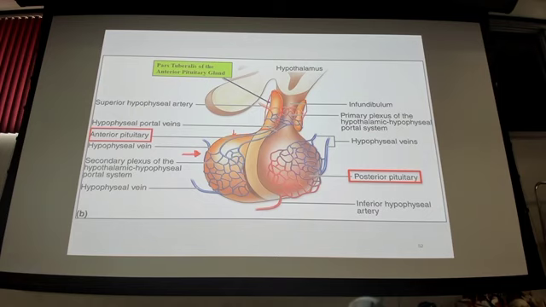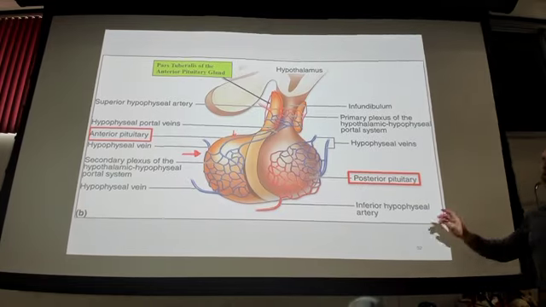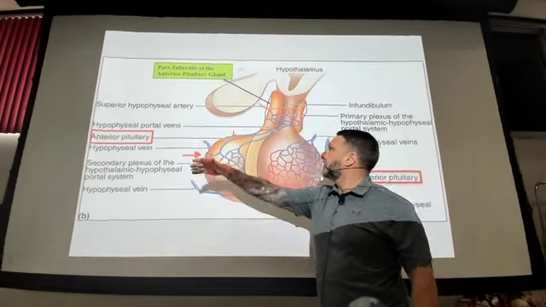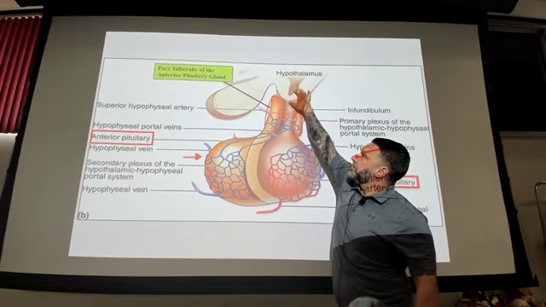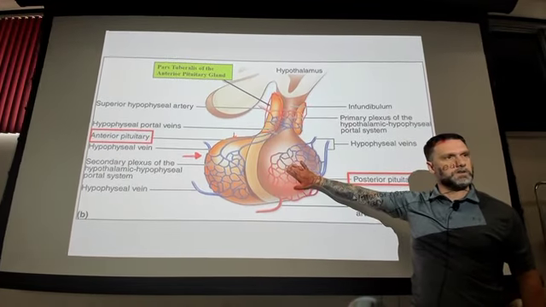So the anterior is here and wraps around the stalk that actually physically connects the hypothalamus with the posterior pituitary. Everybody can see what I'm talking about? If you take this anterior pituitary away, all you're going to be left with is just hypothalamus, stalk, posterior pituitary.